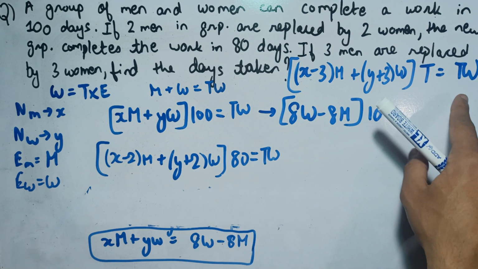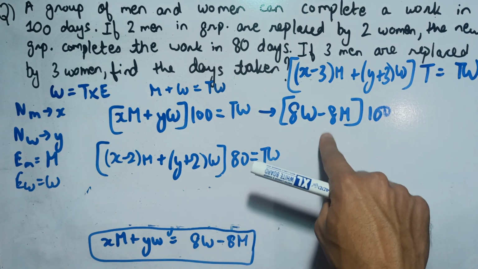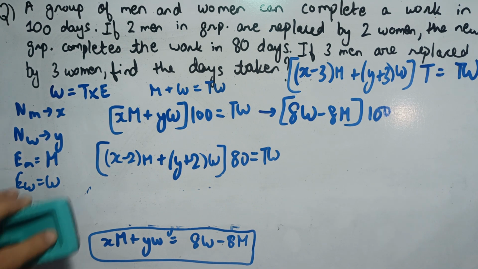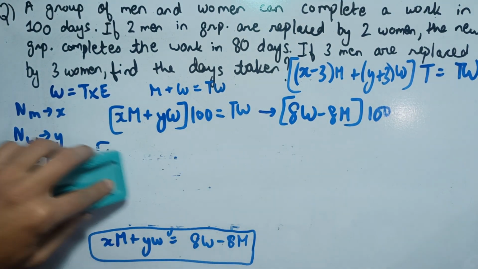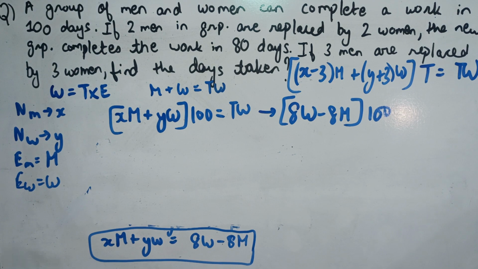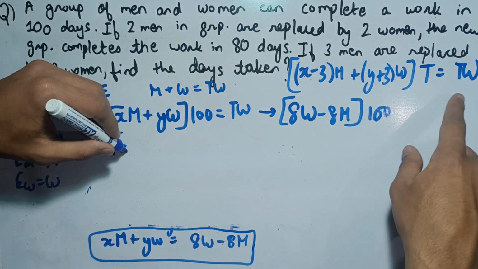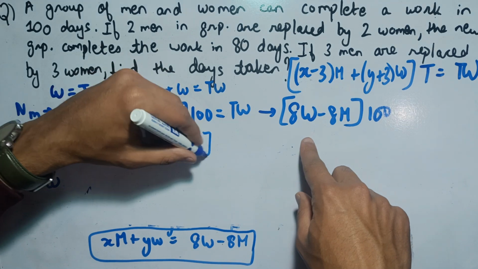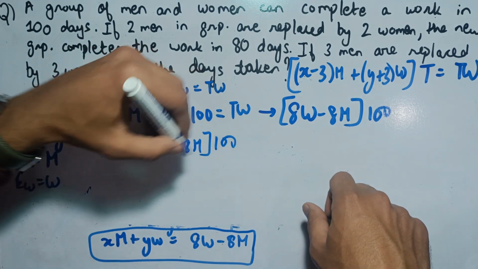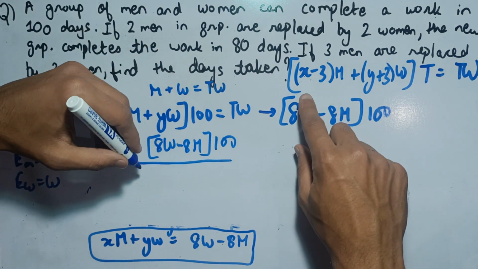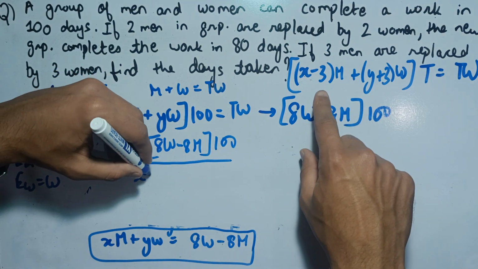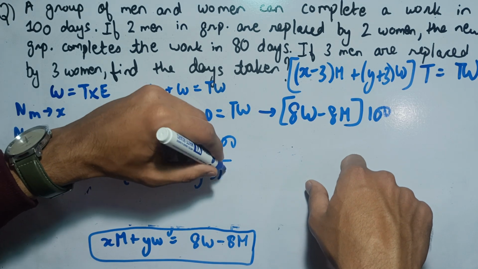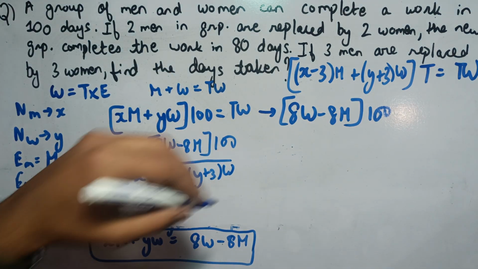Okay, so we need to find this. We got the total work as this, and we need to get the time. Okay, so how can we get the time? We'll solve this further. For getting the time, we'll divide total work, that is 8W minus 8M into 100, whole divided by X minus 3 into M plus Y plus 3 into W. Now we'll solve this further.